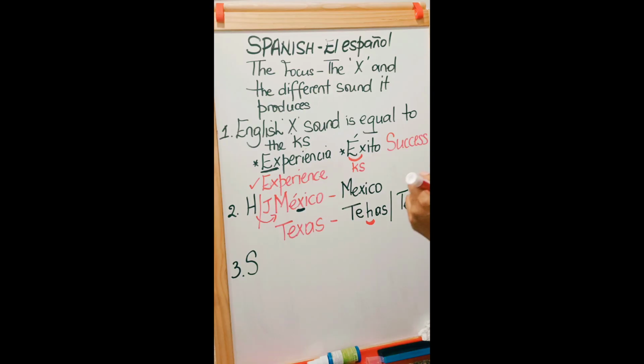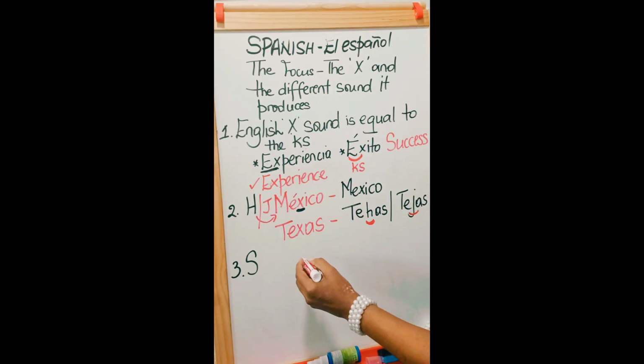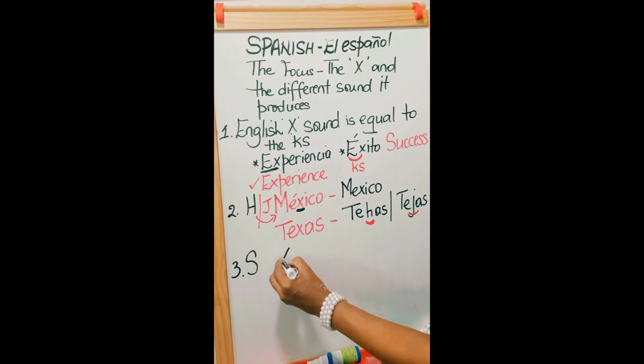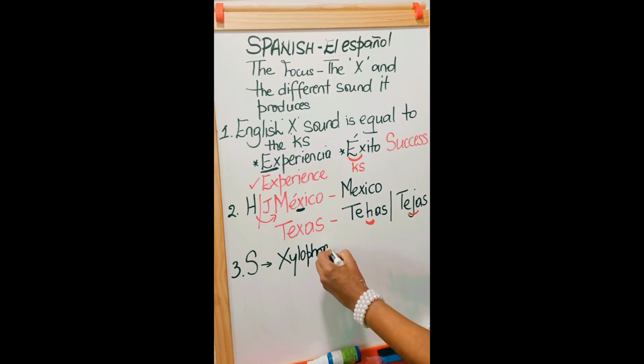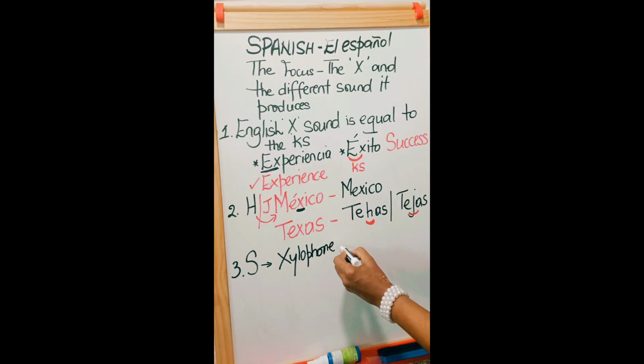So the Spanish words that start with X, for example, let me use the black marker. For example, the English word xylophone. And in Spanish, this is how it is spelled.